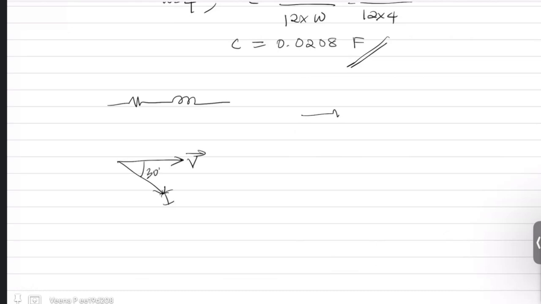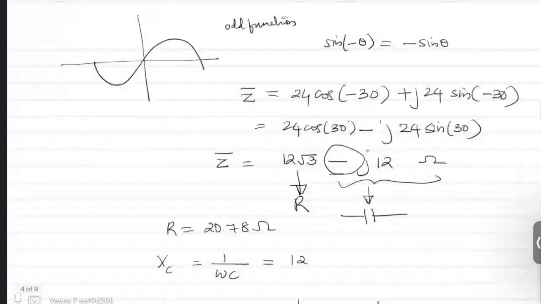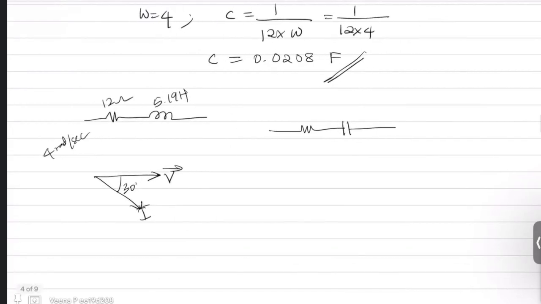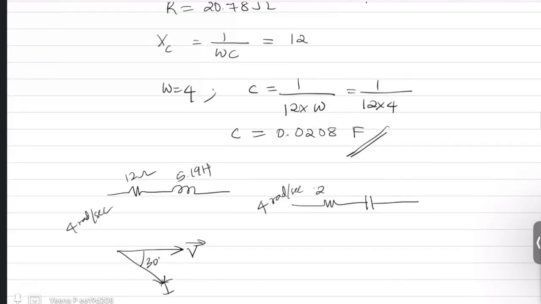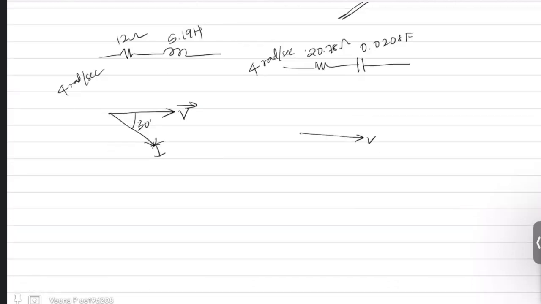Now if you turn it into a capacitive circuit and change the resistive value, earlier it was 12 ohm and 5.19 Henry. So at 4 radian per second, your current lagged your voltage by 30 degree. Now at the same 4 radian per second, you replace the resistance with 20.78 and you add a capacitor of 0.0208 farad. Now in this case, your voltage is here, but your current is leading your voltage by 30 degree. Sorry, earlier it was 60 degree.